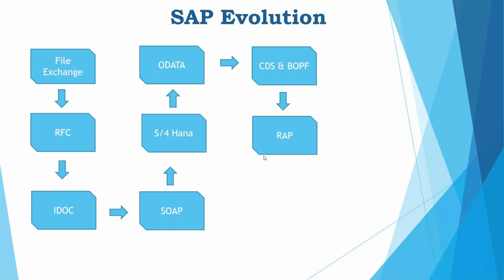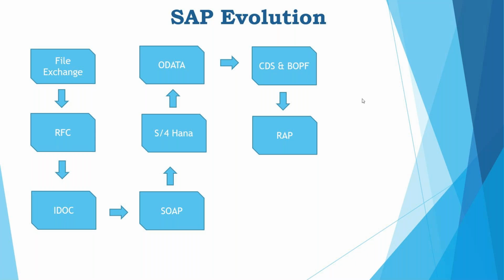What are the different technologies developed from the start till date in SAP? This pictorial view is not about which came first and which came second. I am only representing the different techniques which have come in SAP.